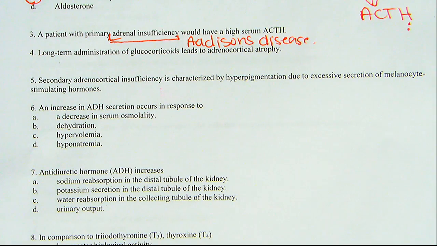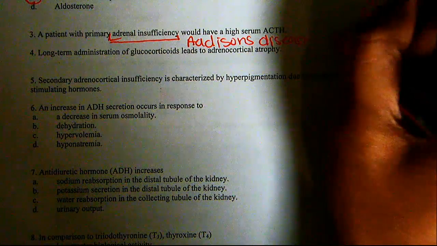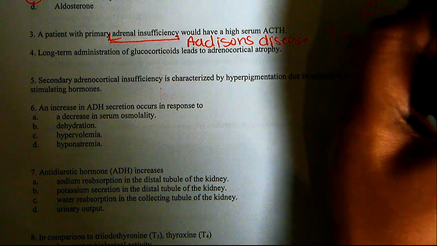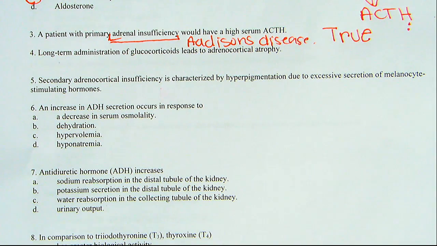Primary adrenal insufficiency or Addison's would have a high serum ACTH. True or false? This one will be true. Remember that this is primary and not secondary, so it's going to have negative feedback, right?